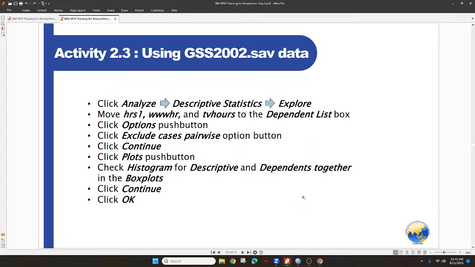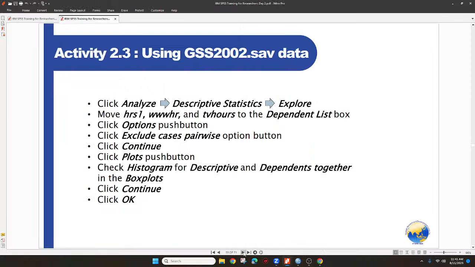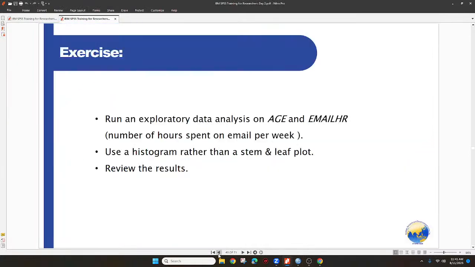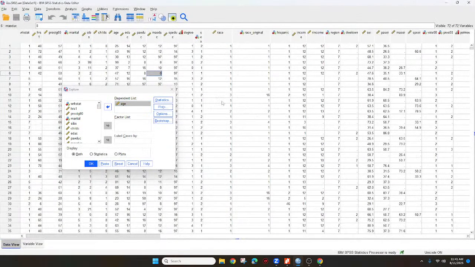As we can see here, since the median is near the minimum or the 25th percentile, it is skewed to the right.